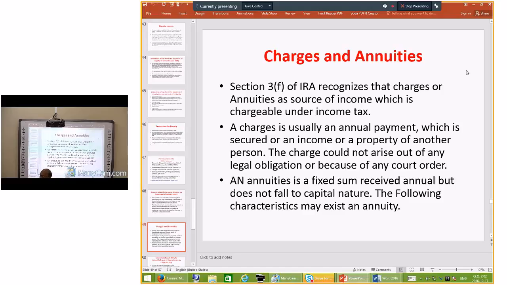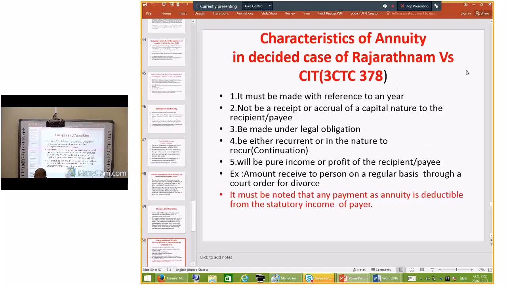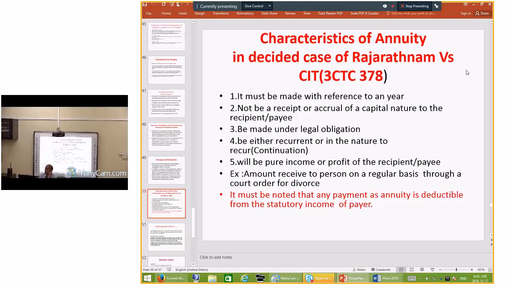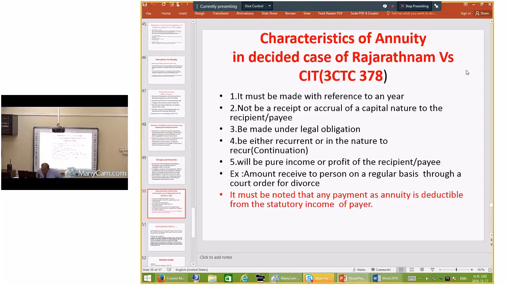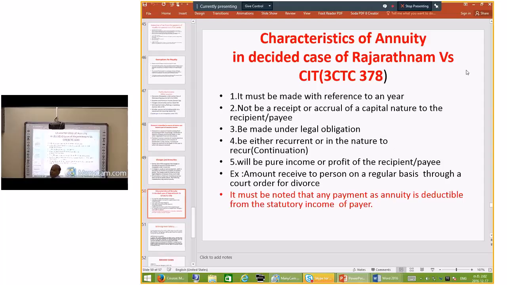Right, now let us see what the characteristics of the annuity are. See, the word annuity has not been defined in the Act. The Act says annuity is a source of income, and in the same way annuity is a deductible expenditure in the payer's hand.